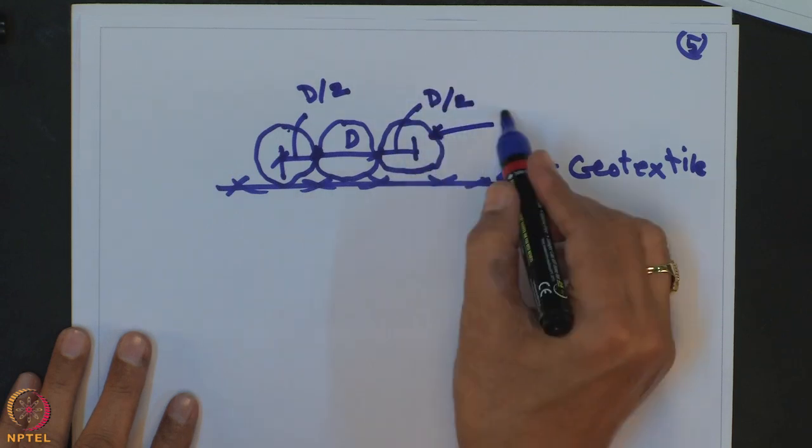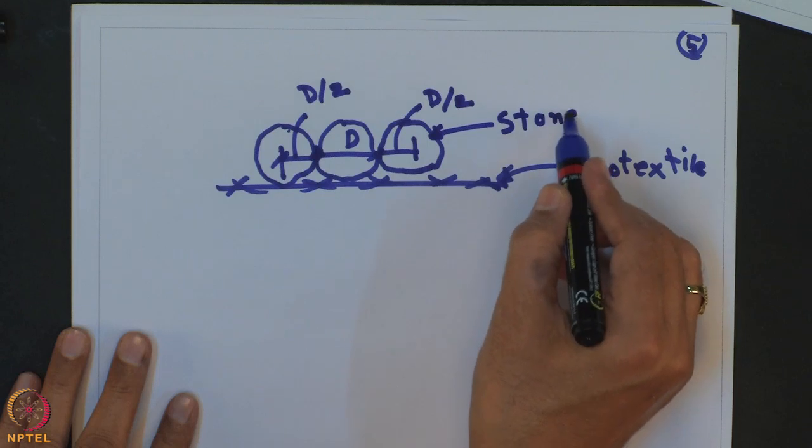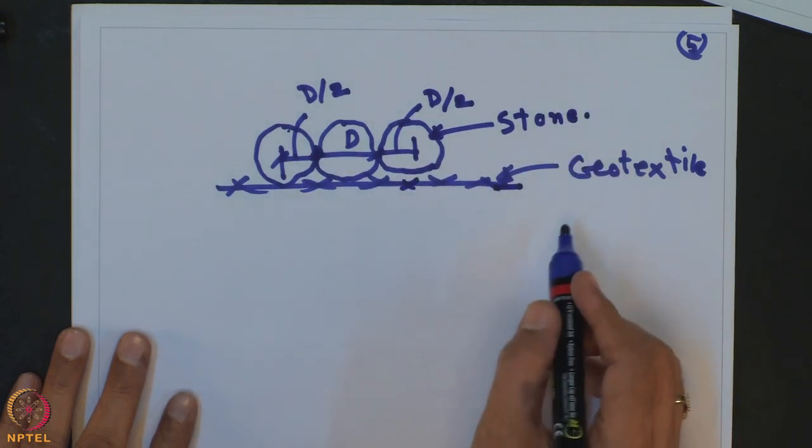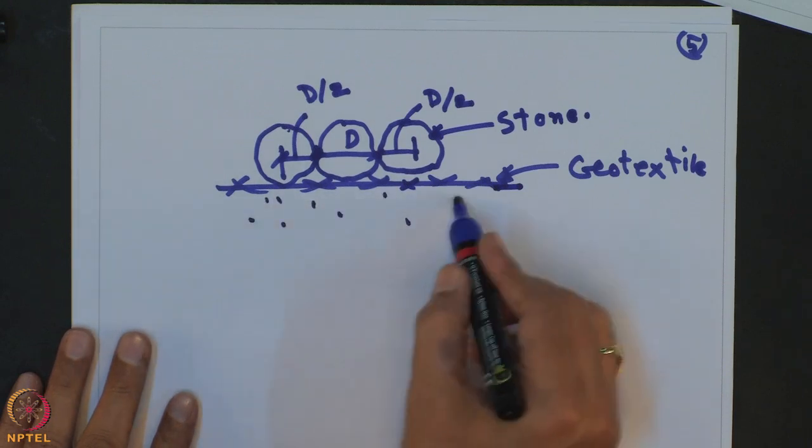So, this is the stone and this is geotextile material and this is subgrade.